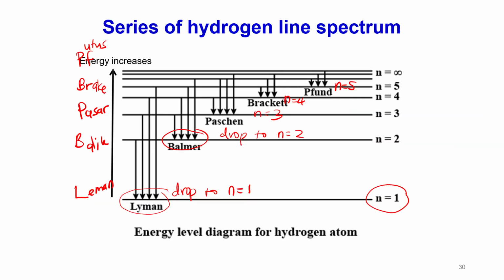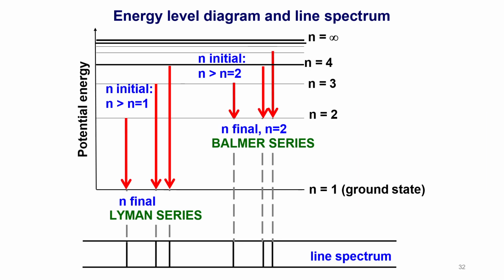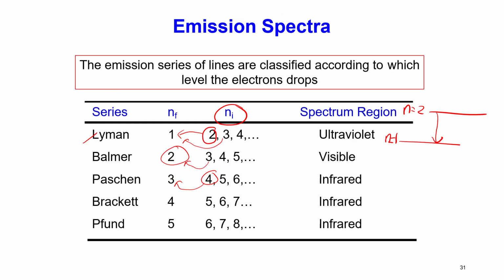So this is in the diagram earlier. To recognize and know how to calculate, we just add for this one. For example, the first line in Balmer.